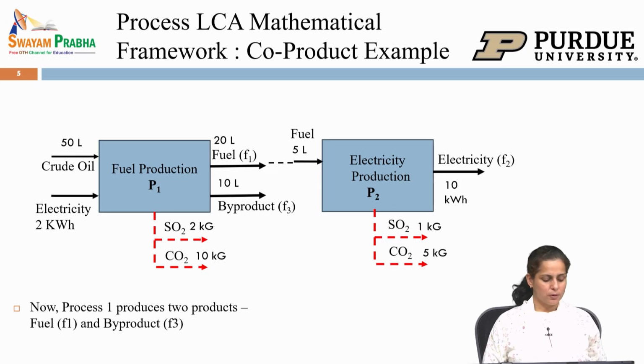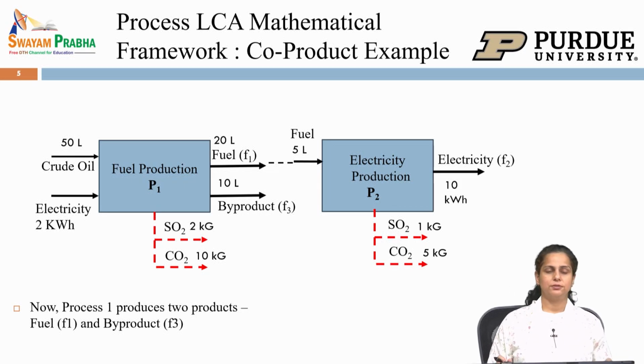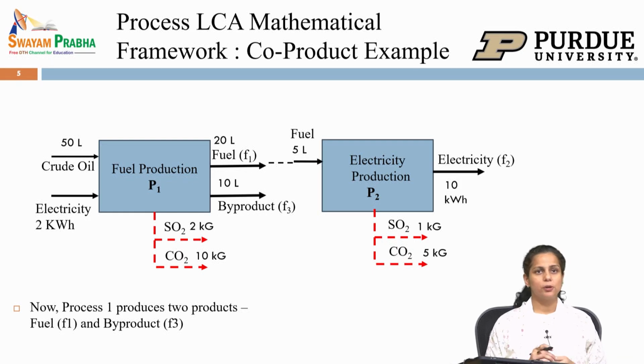So, let us look at the problem. Here now we have the same process, we have fuel production and electricity production, but now we have modified our unit process for fuel production with a byproduct that is also being produced along with the fuel production. So, of course, what that means is that all the impact that is coming from the fuel production cannot actually be assigned to fuel production, because there is some byproduct.